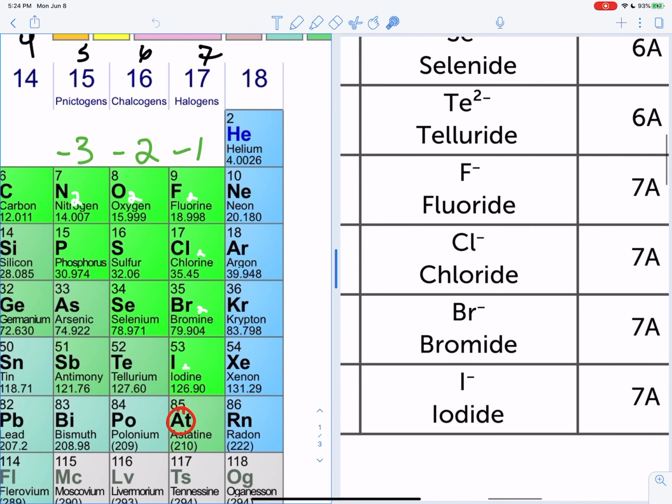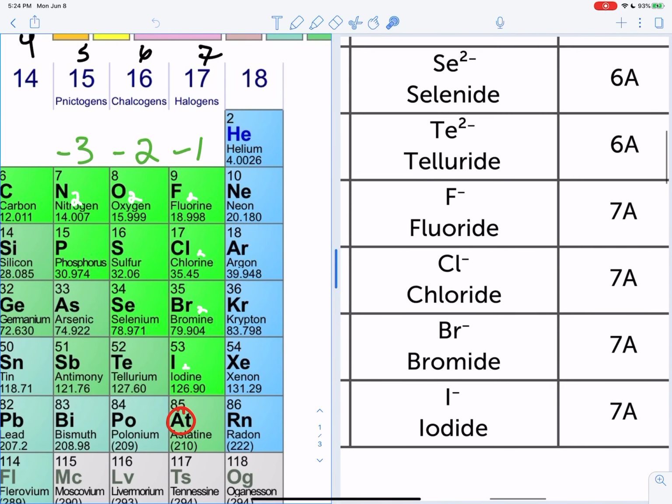Why their stable ion is -1, they want to gain an electron to become the noble gas that's next to them, giving it a -1 charge, okay? Because you know this has 53 electrons. Gaining an electron will give it that -1 charge. 53 to 54, 35 to 36, 17 to 18, okay?